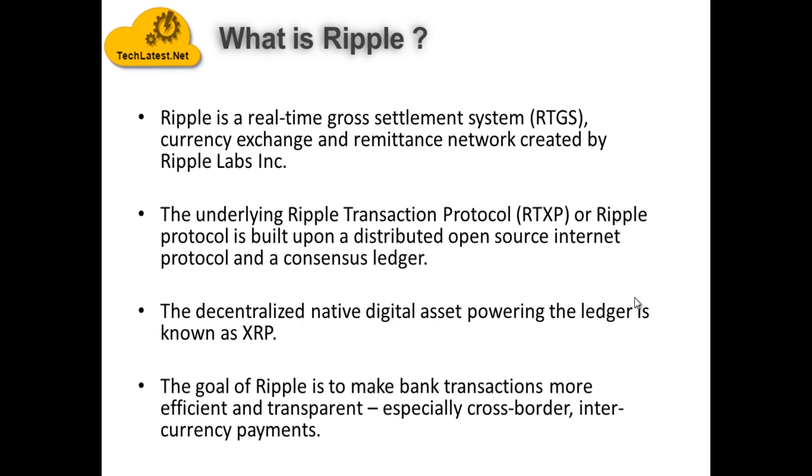This way, using the consensus ledger, it avoids the double spending problem. Now, in order to power that network, there is this digital currency called XRP. Using this digital currency, the value can be transferred from one place to the other. So this is at a higher level what Ripple is.